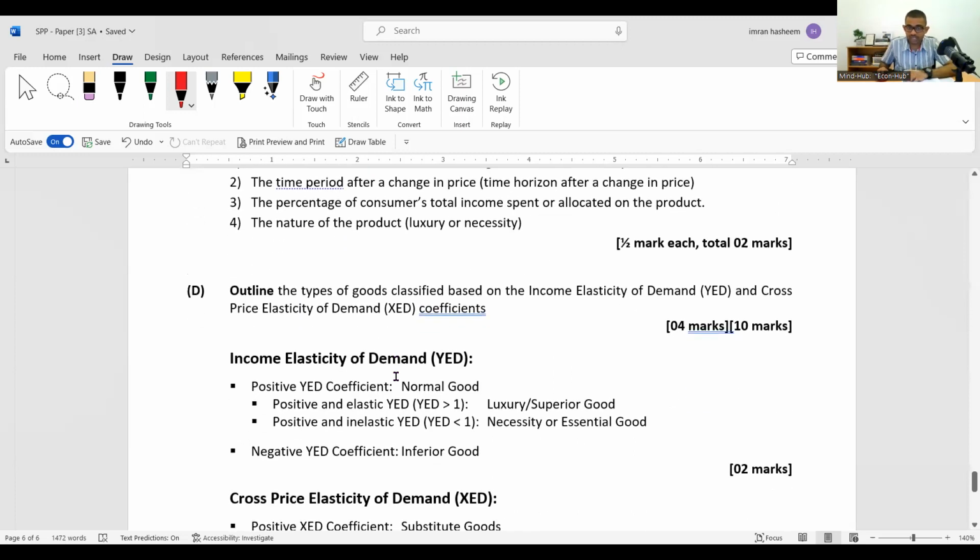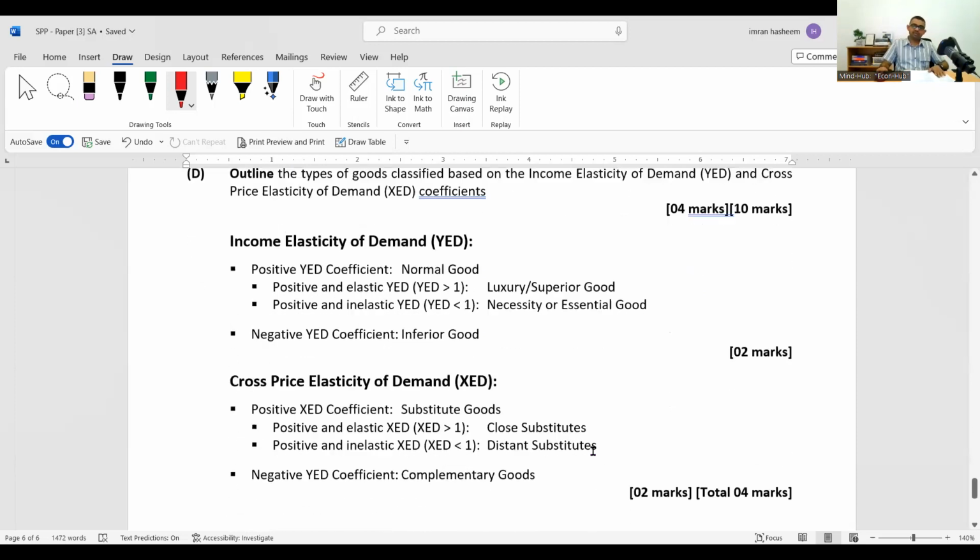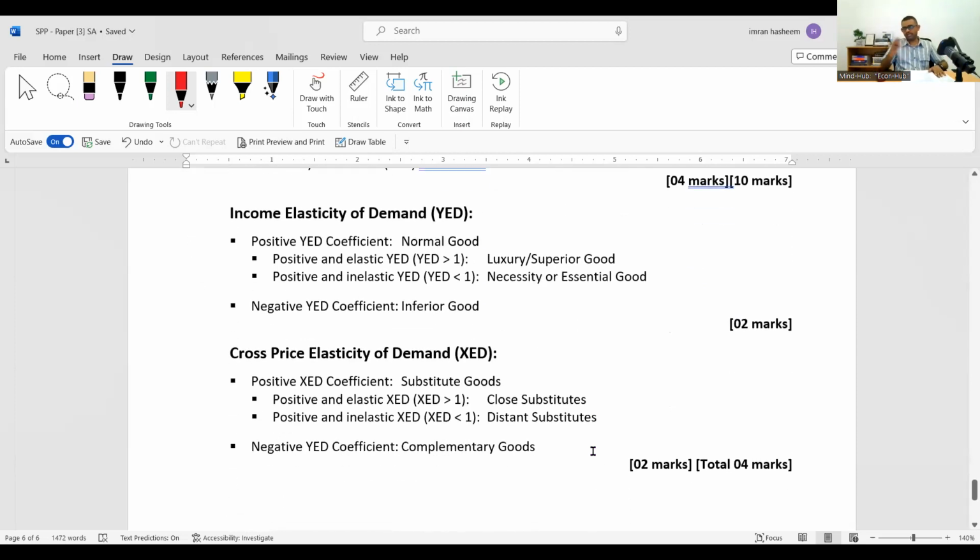Then the final part of question number 3, part D, outline what we can learn based on the outcome or coefficient of YED, XED. Again, you might have used a different format. Some of you might have used a flowchart even. That's okay, but this is recommended. Give the basic idea, use the words properly.